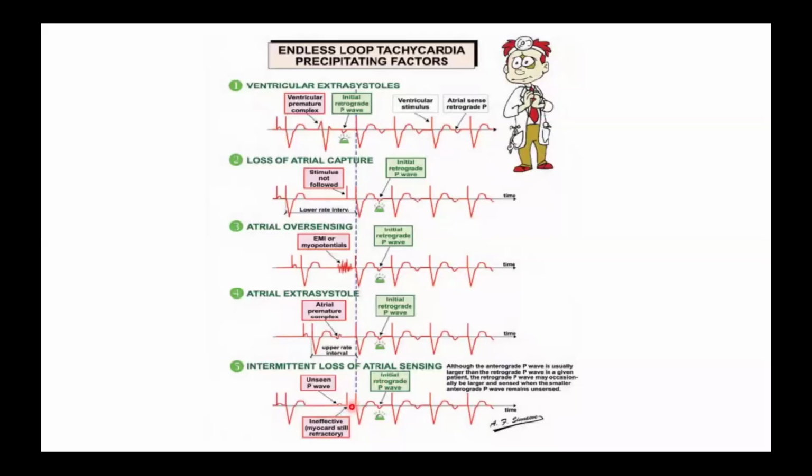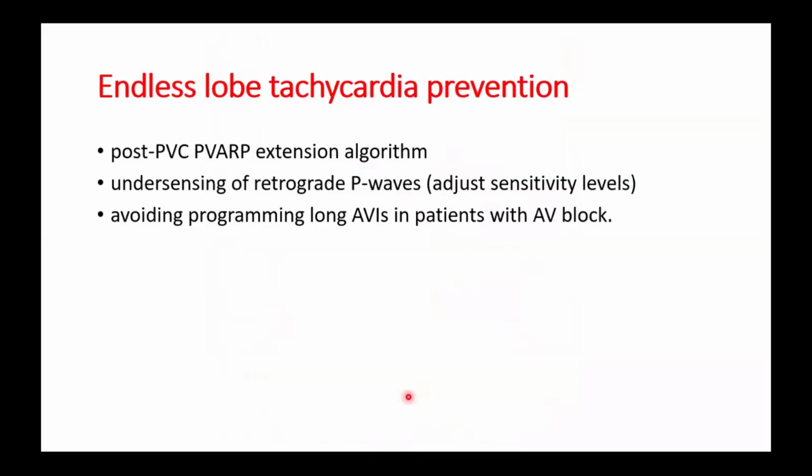So the atrium actually is not captured. So there is a lot of time to allow for recovery of the atrium, and retrograde conduction occurs and the PMT starts. So to overcome, as Dr. Iman said, we can prolong the PVARP, also adjust the sensitivity levels if there is undersensing of the retrograde P wave, which means that we make it less sensitive.